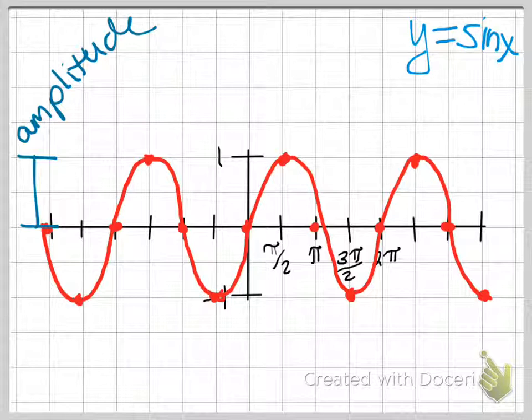All right, so let's now talk about the period. The period is the horizontal distance that our graph follows until its pattern repeats itself. At what horizontal distance does the cycle repeat? Let's say I'm starting at 0 and following along on my graph.